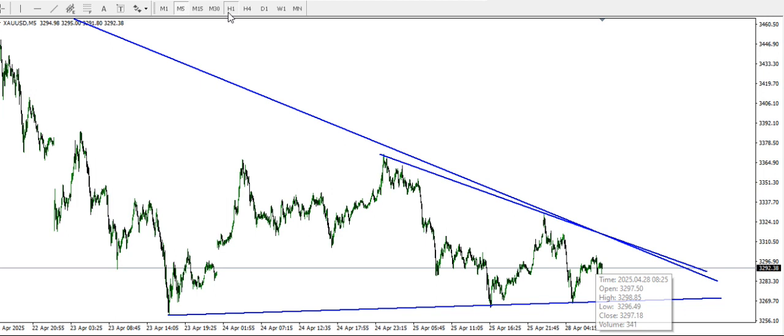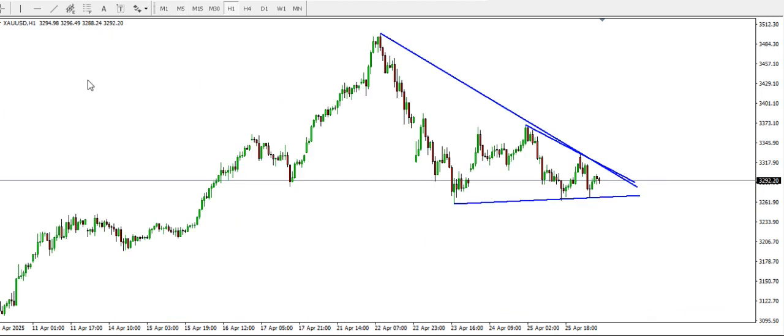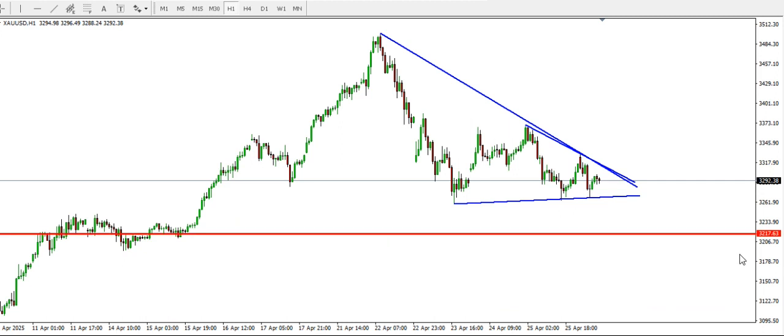If price breaks out to the downside, we have this particular order block around here on the 1-hour time frame, the 3217, that might be tested. We might see price test this particular order block if price breaks to the downside before possibly going back up.